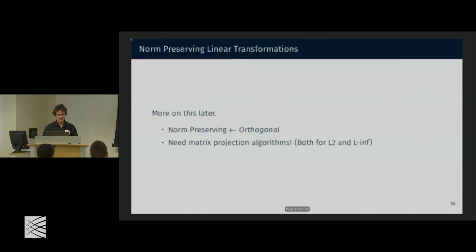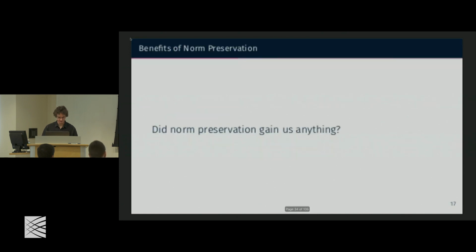So then the problem really becomes, how can we pick or design matrix projection algorithms that take unconstrained weight matrices and project them on the space or a manifold of orthogonal matrices or L-infinity constrained matrices. And James will talk much more about that in the latter part of the talk.